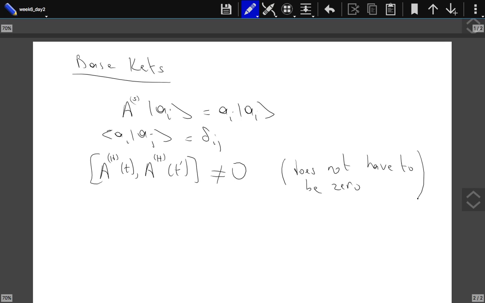Now then there is this problem. Will we insist that our eigenkets are eigenkets of my operator A at the time t at all times? Or will I just choose my base kets as the eigenkets of my operator A at a given time?